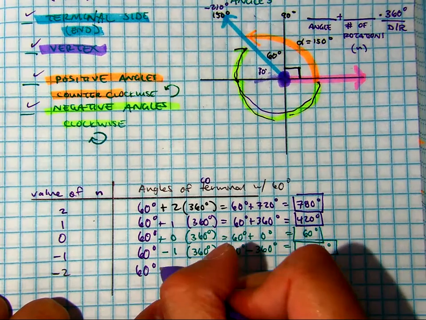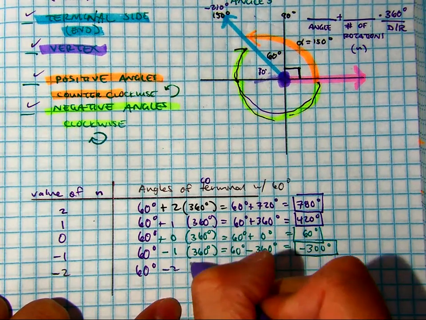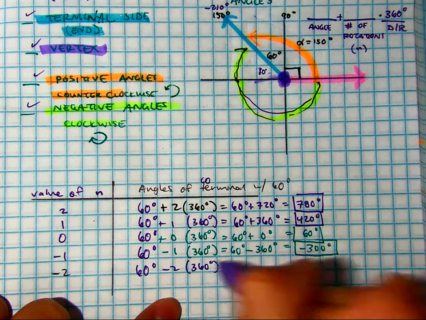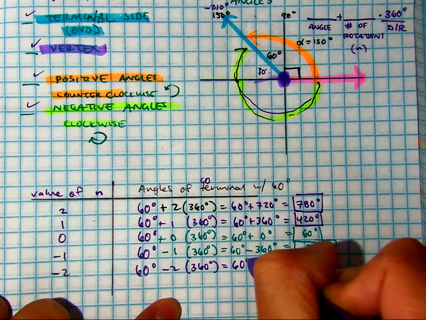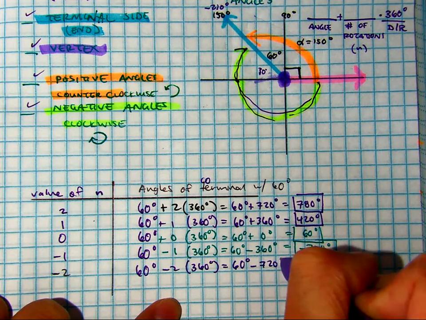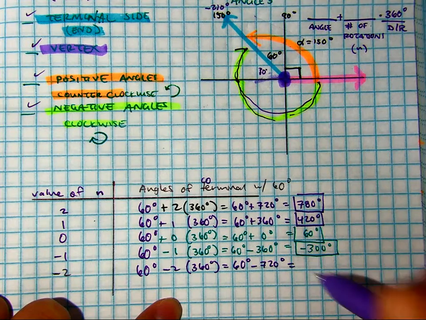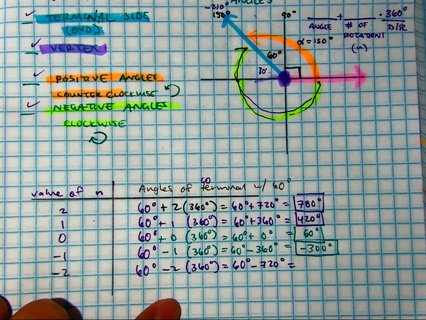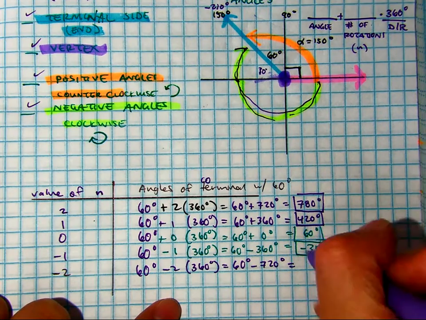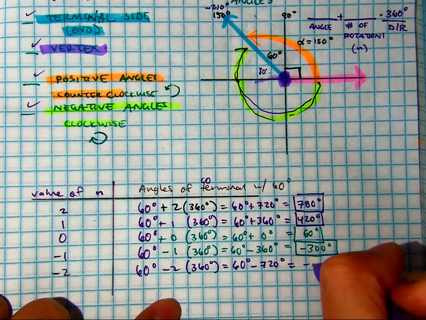And negative 2 times 360, so 60 minus 720, negative 660.